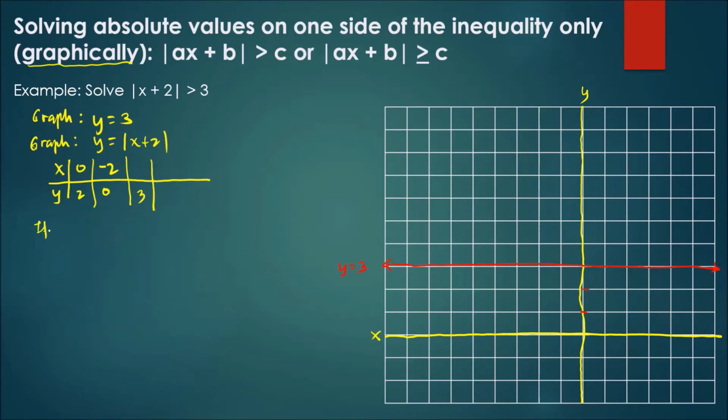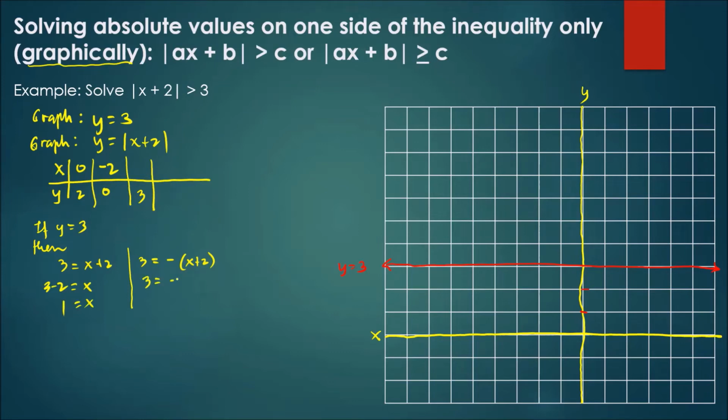If y is equal to 3, then we have 3 is equal to x plus 2, and we also have another case wherein 3 is equal to negative of x plus 2. So we have x is equal to 3 minus 2, or x is equal to 1.